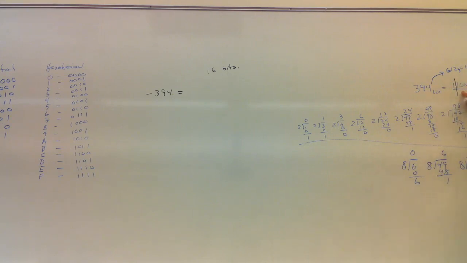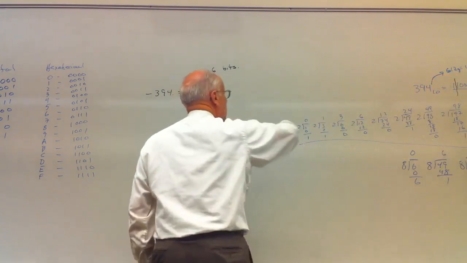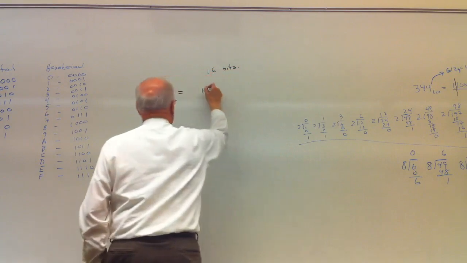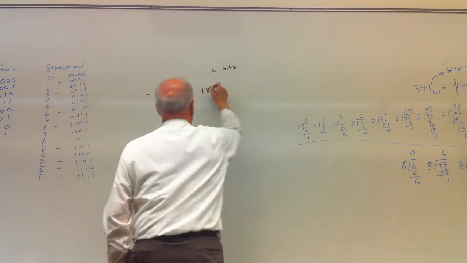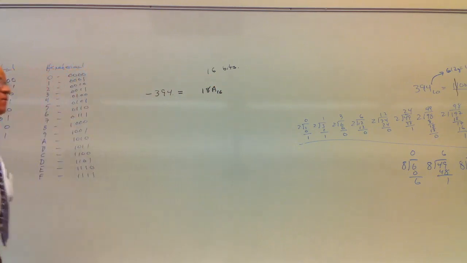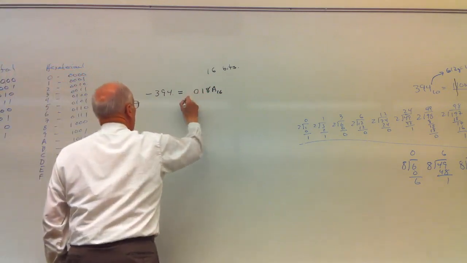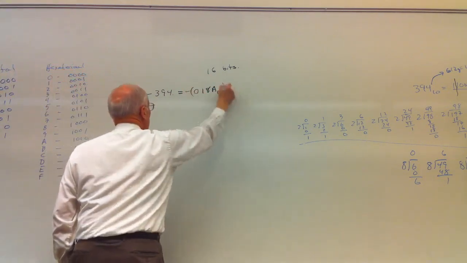You just group them in groups of 4 bits and then look them up in that table. Leading zeros if you wish. So I've got 1, and then 1000 is 8, 1010 is A. Now you've got 4 bits per hexadecimal digit, so that's 12 bits. So to get 16 bits, I want that, minus.